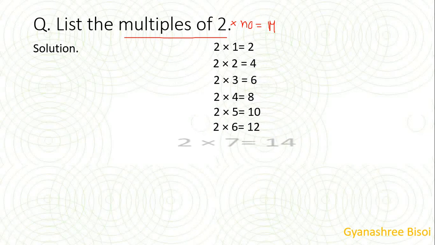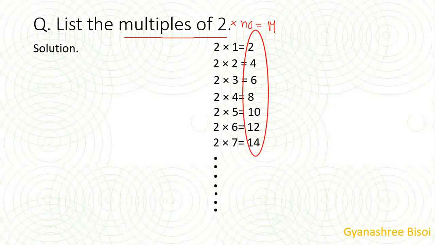Right? So, how many multiples do we need to get? You can keep on multiplying and you can get an endless number of multiples of 2. As nothing has been written in the question, you can multiply like this and get an endless number of multiples of 2.